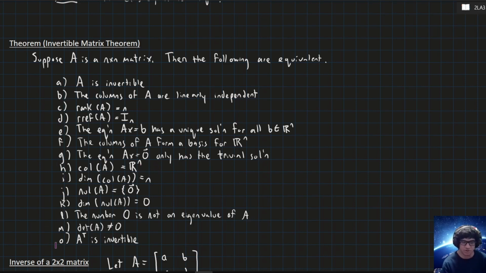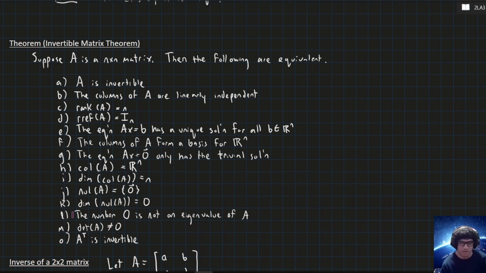And the rest mostly have to do with stuff we haven't explicitly talked about yet. So I'll just say what they are. We want the column space to be all of Rn. We want the null space to be only the zero vector. We want it so that 0 is not an eigenvalue of A. So if 0 is an eigenvalue of A, we know A is not invertible.